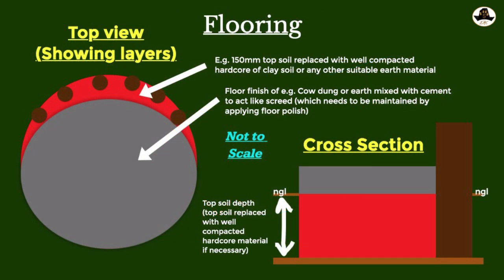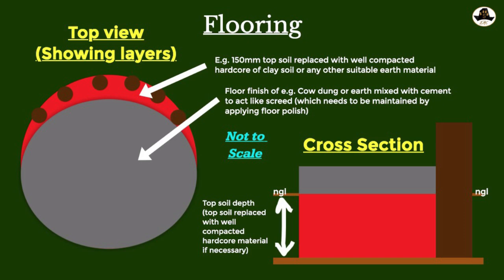Okay, and then the flooring, I think we can already understand what's happening. We have the topsoil, that red part, and then we have the gray part, which is the flooring. One material that could be used is cow dung. For those who don't know, especially in Southern Africa, cow dung is very common in terms of applying on top of the ground where you can have your screed, for example.